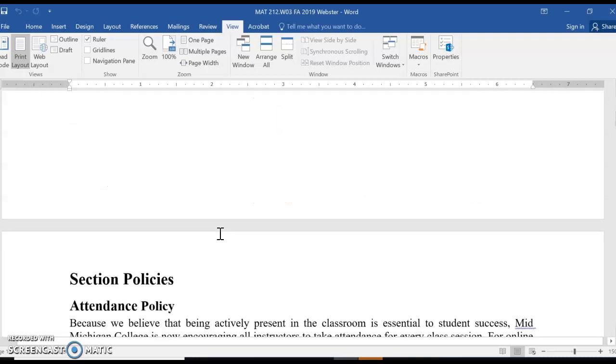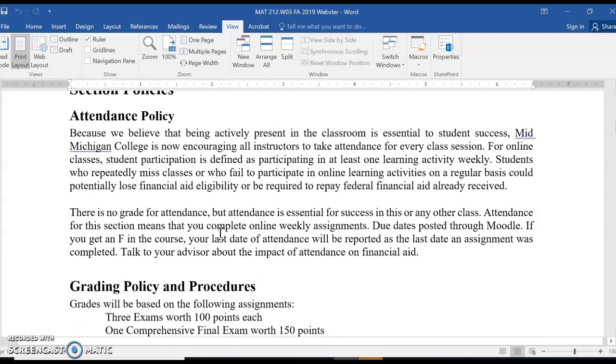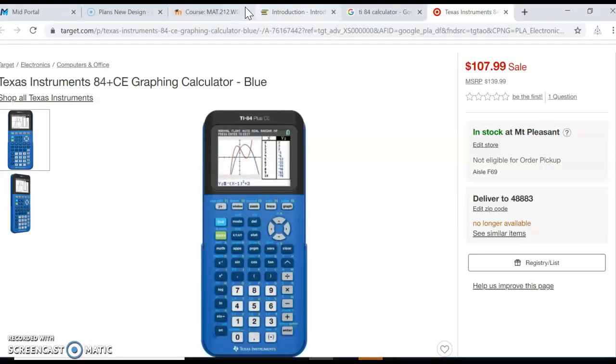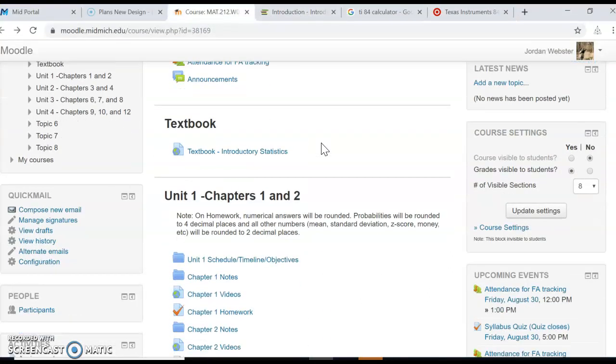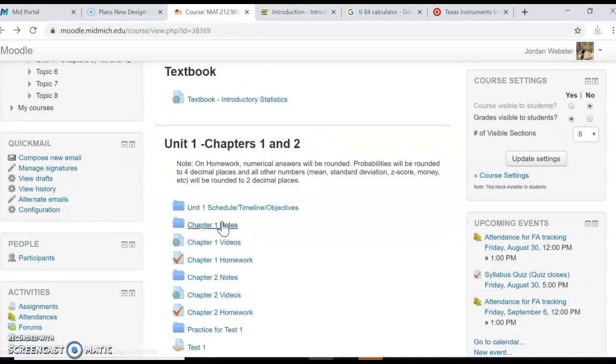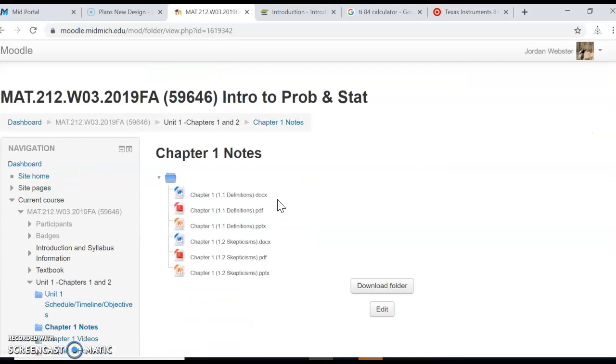I have posted guided notes on Moodle. So if you look on Moodle, the chapter 1 notes, what you'll see is I have a combination of guided notes that's either in a Word format or a PDF format, along with what I would usually use as my overhead notes in class.